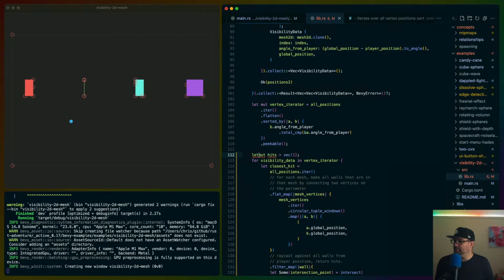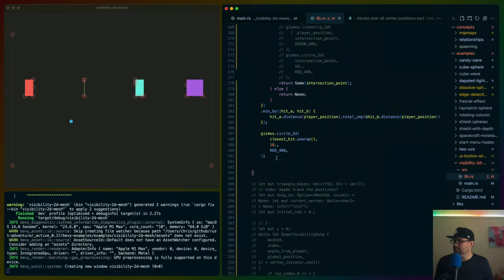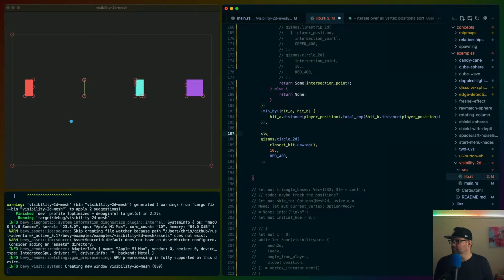To build the mesh. Hits dot push closest hit dot unwrap.